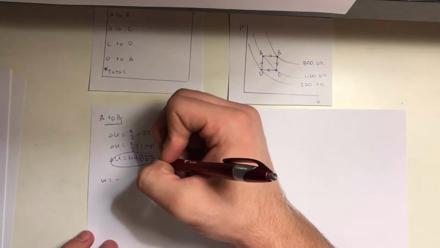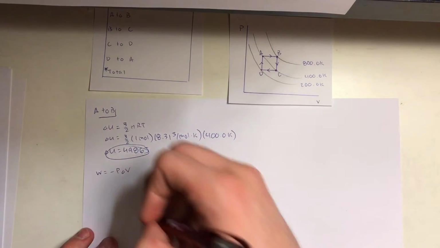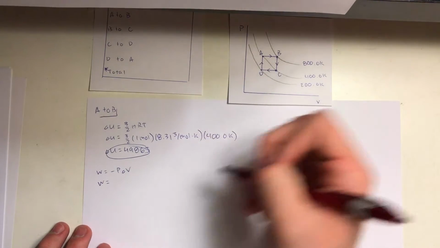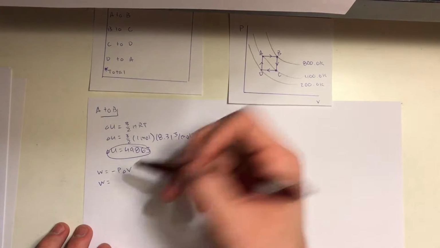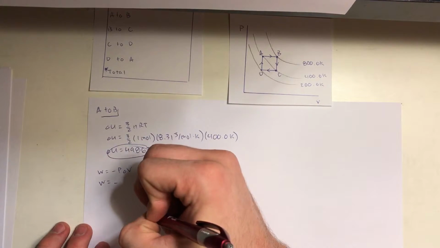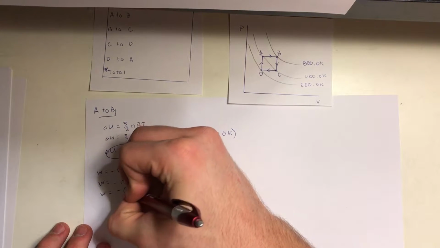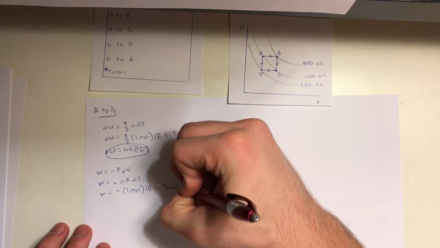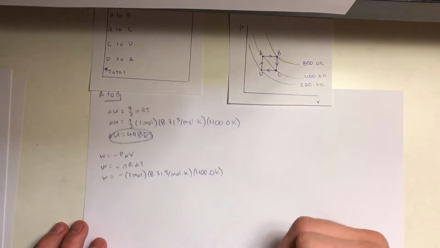The work, because of our sign convention, is going to be negative P times change in V. If we substitute this in with the other half of the ideal gas law, as we did up here, we could easily have negative nR delta T. So negative 1 mole, 8.31 joules per mole times Kelvin, change in temperature, we already know, it's 400 Kelvin.